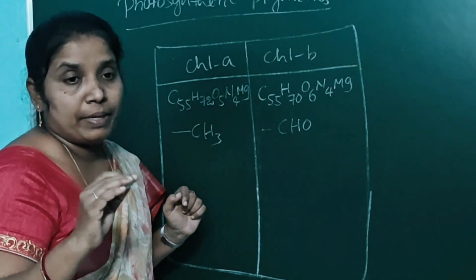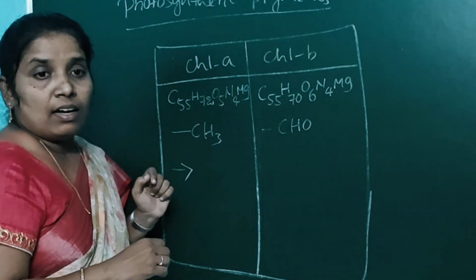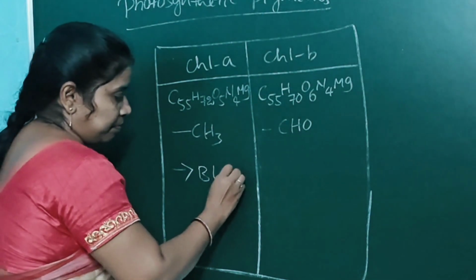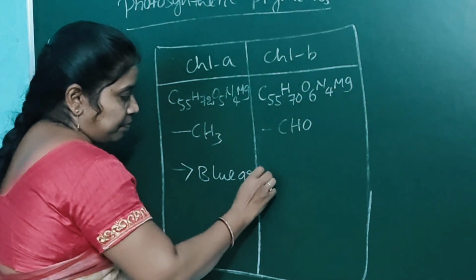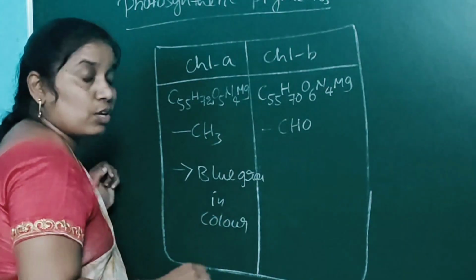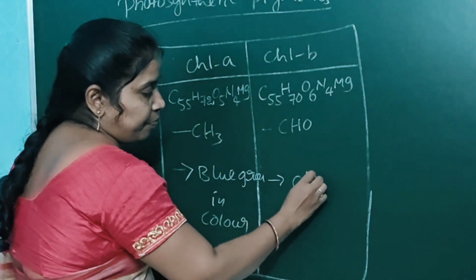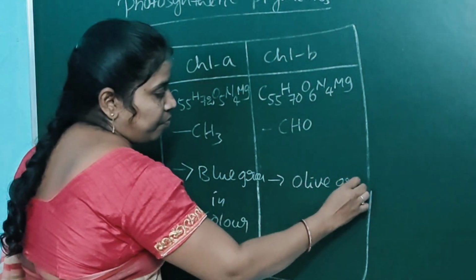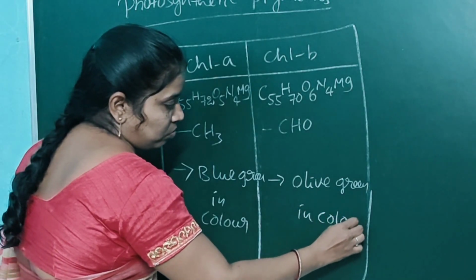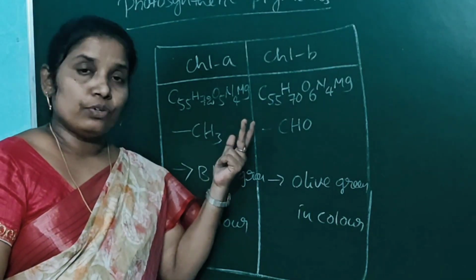So chlorophyll A is blue-green in color, whereas chlorophyll B is olive green in color. So these are the major differences between chlorophyll A and chlorophyll B.